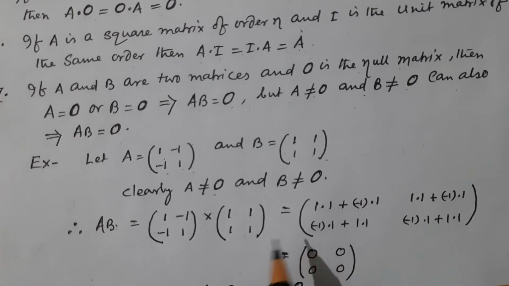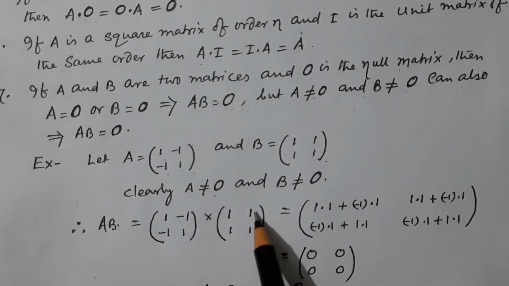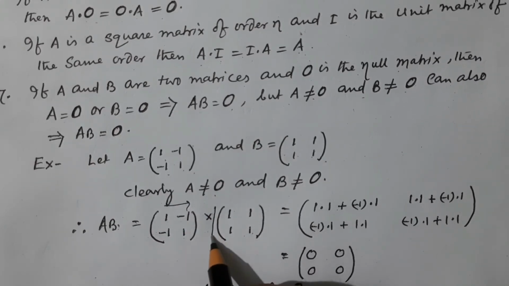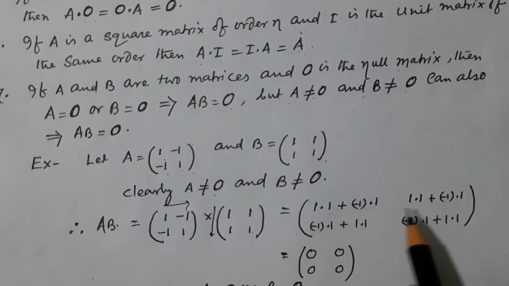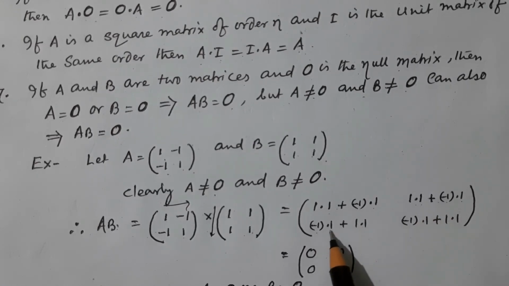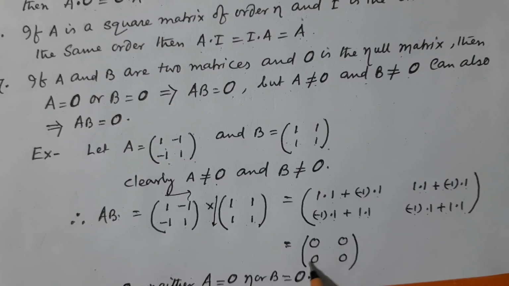But if we multiply AB, that is 1, minus 1, minus 1, 1 and 1, 1, 1, 1, row multiplied by corresponding column: 1 into 1 plus minus 1 into 1, minus 1 into 1 plus 1 into 1, and so on. Ultimately we get 0, 0, 0, 0.